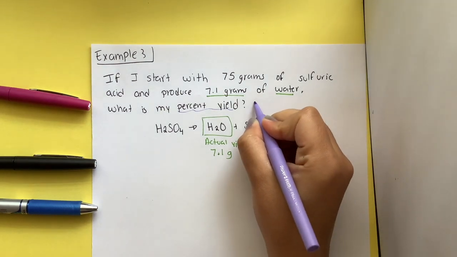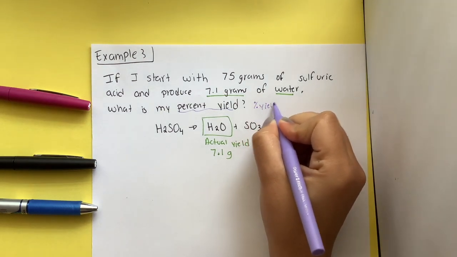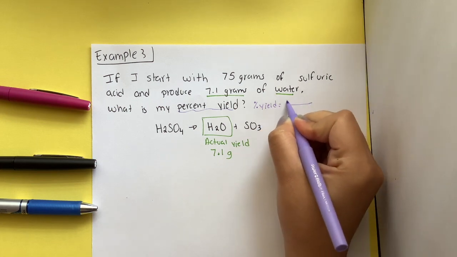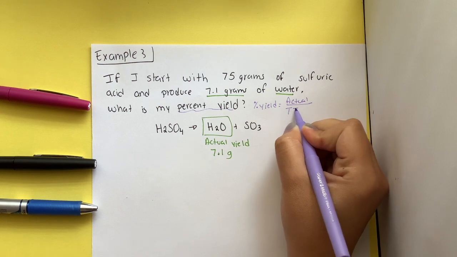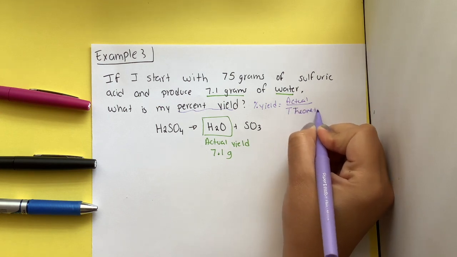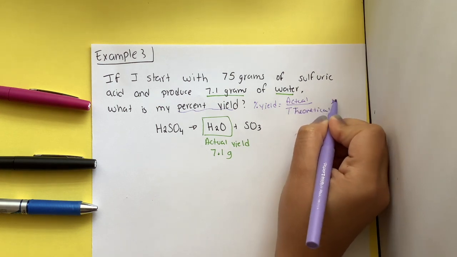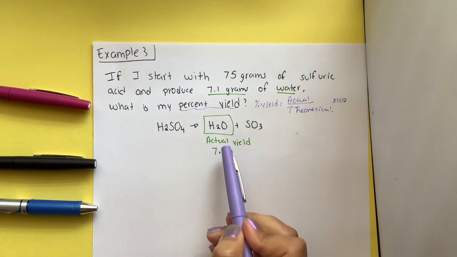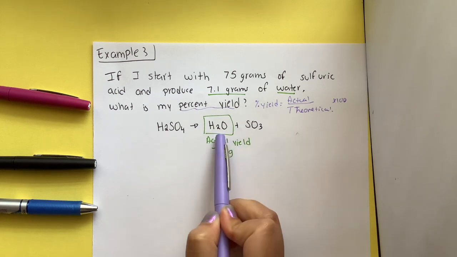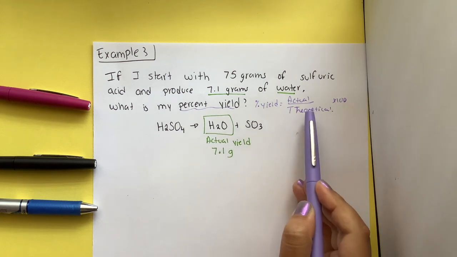So I'll do it here. Percent yield equals actual over theoretical times 100. They're giving me that the actual yield is 7.1 grams of water. That means that I need to find the theoretical yield.